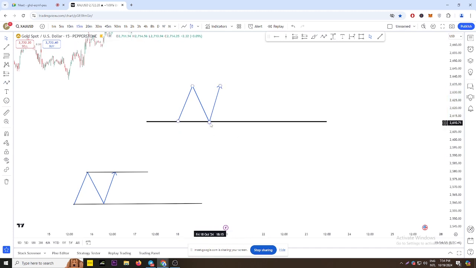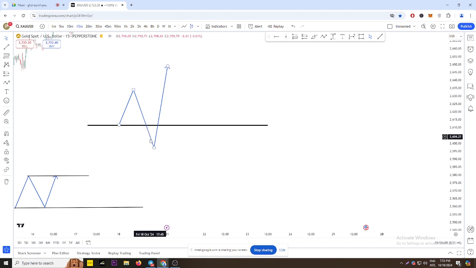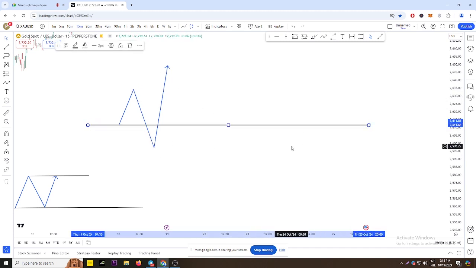So what Quasimodo does, the N shape here is symmetrical, but in here it's not symmetrical. The low comes a little bit lower, the high goes a little bit higher. When you have this formation, we call it a QM formation. How does it happen?